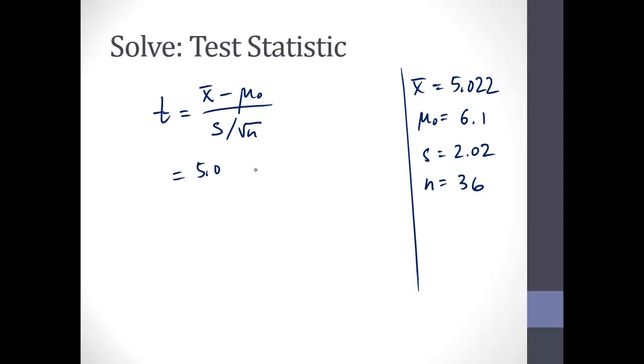We have 5.022 minus 6.1 over the standard error, and if you plug those into your calculator, you'll get negative 3.20. So again, the test statistic is almost exactly the same as it was before. We just have thrown an s in there instead of a sigma.